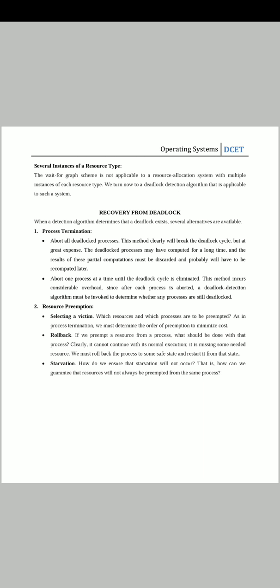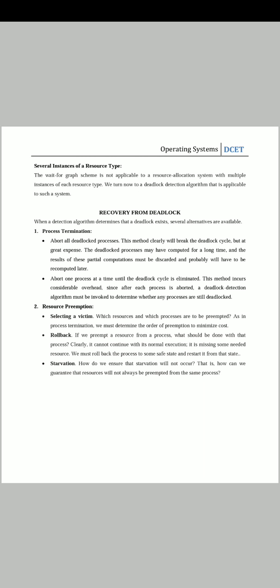Selecting a victim. Selecting a victim means which resource and which process are to be preempted. Suppose I have 10 processes and 10 resources. When there is a deadlock, among the 10, which process are you going to select and which resource are you going to select for termination or preemption? That is very important.